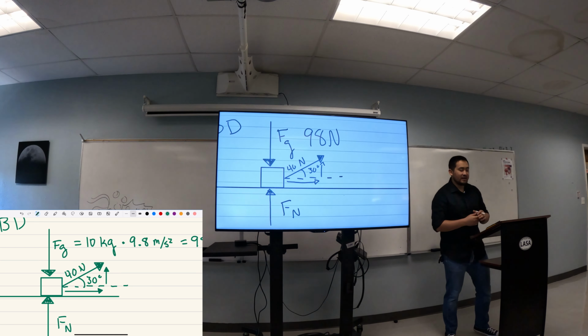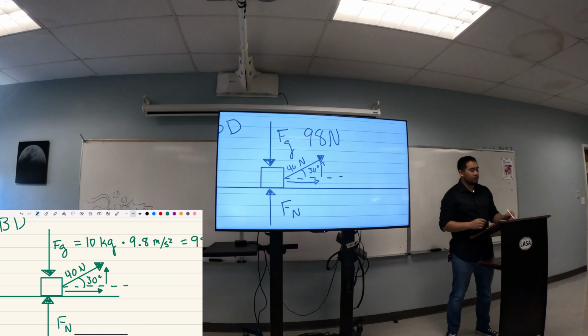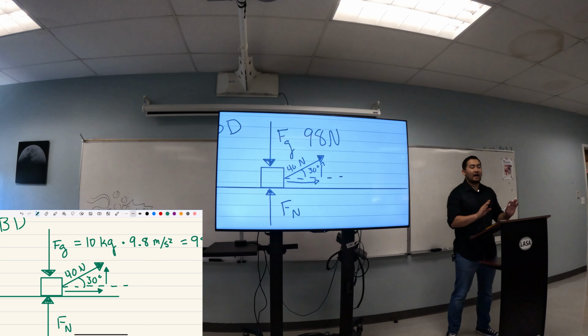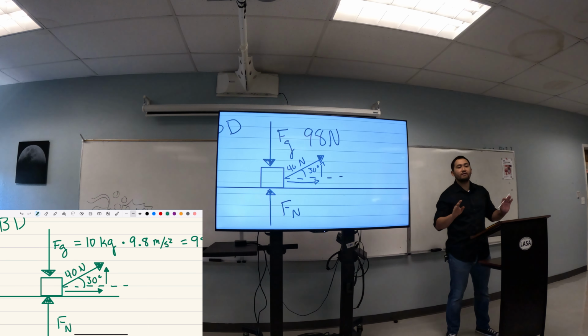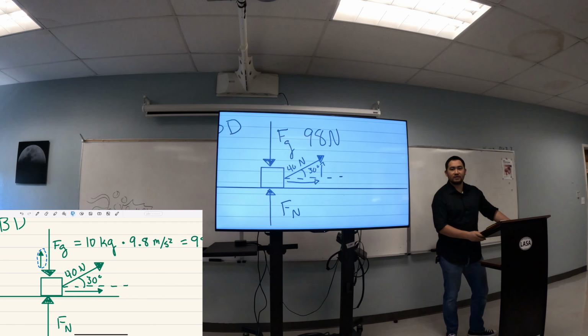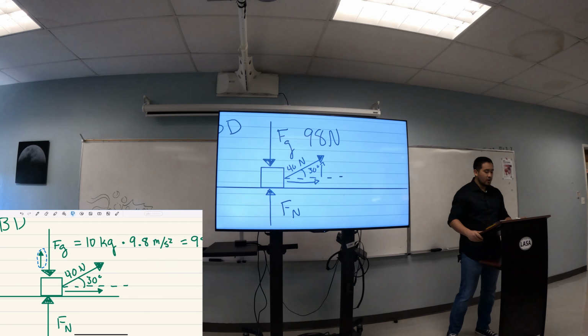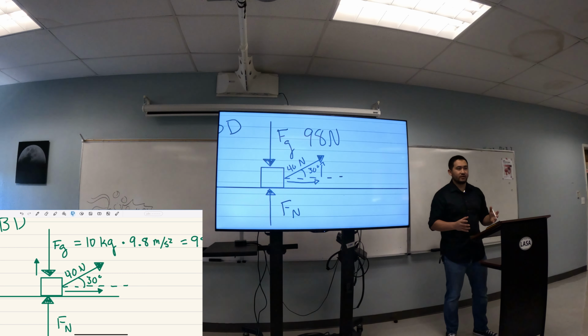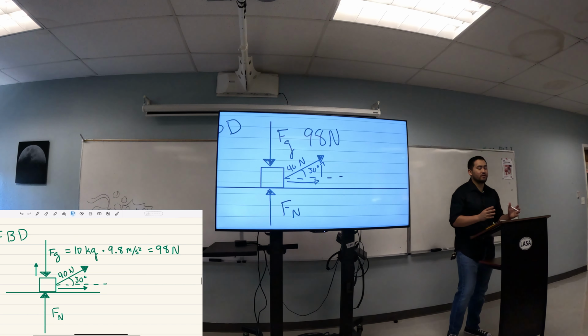And the reason for that is the force due to gravity should be canceled out by the normal force and the vertical component of our applied force. So the only force that's not being canceled out by anything is the horizontal component of our applied force. Does that make sense, guys? So that means whatever this is right here is going to be our net force. It's the only thing not being canceled out by anything.